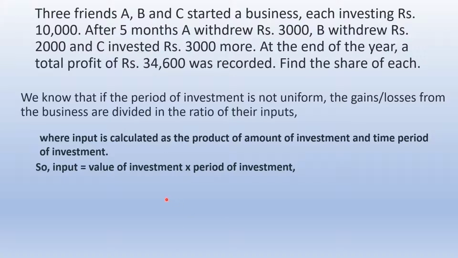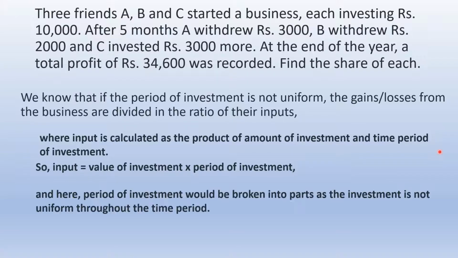So we finalize the input, that is equal to value of investment into period of investment. And here the period of investment is divided into parts as the investment is not uniform in the time period. Now we use the formula for input.